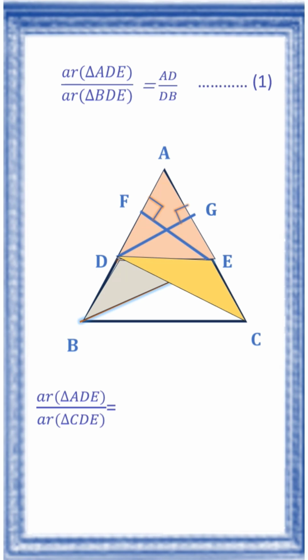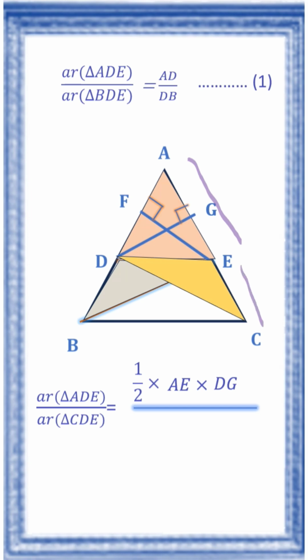Area of triangle ADE is half into base AE into height DG upon area of triangle CDE. Base is CE, so half into CE into height DG. Here half and half cancel, DG and DG cancel. So area of triangle ADE upon area of triangle CDE is equal to AE upon CE. Let this be equation number 2.